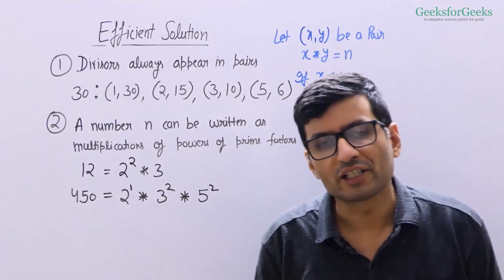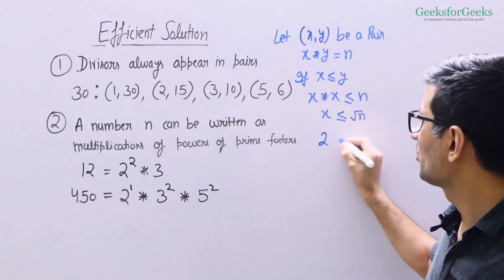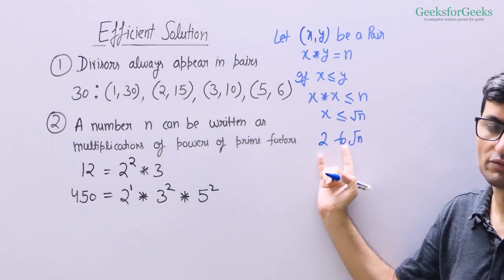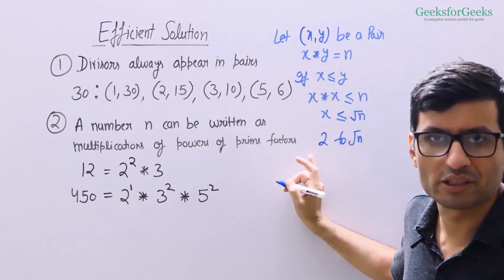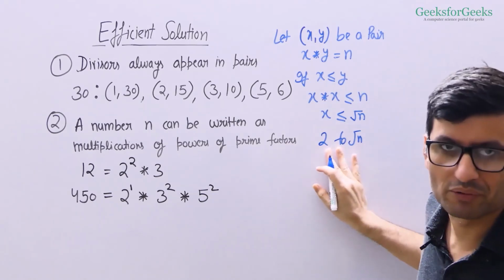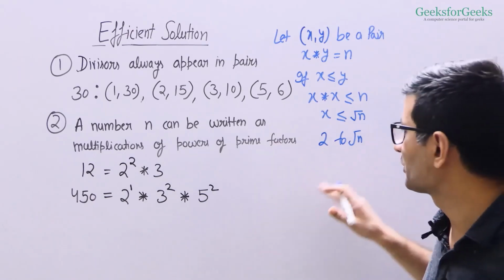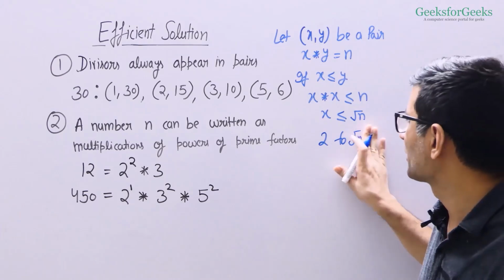So if I traverse from 2 to square root of n, I will get a prime divisor, if there is a prime divisor other than 1 and the number itself. This is one conclusion, and it is the same conclusion that we used in the prime number checking video as well.